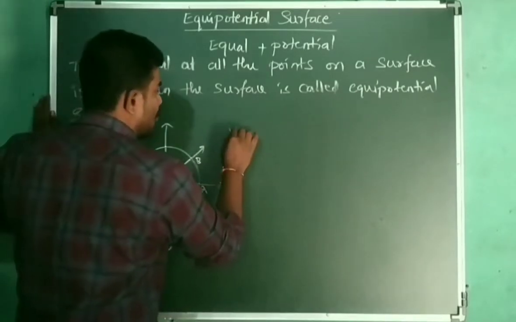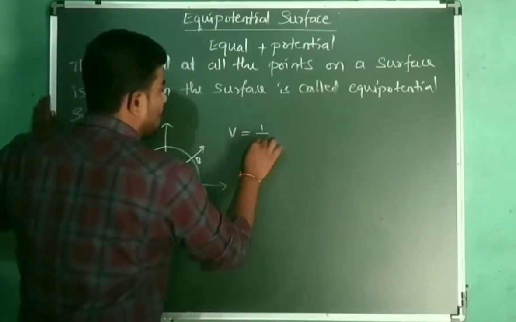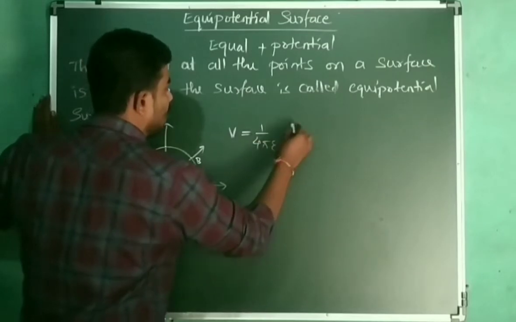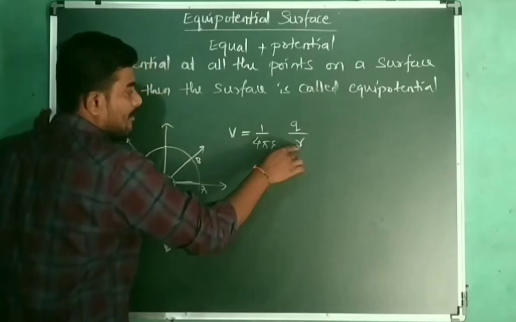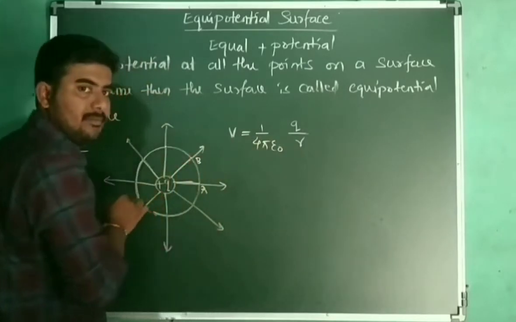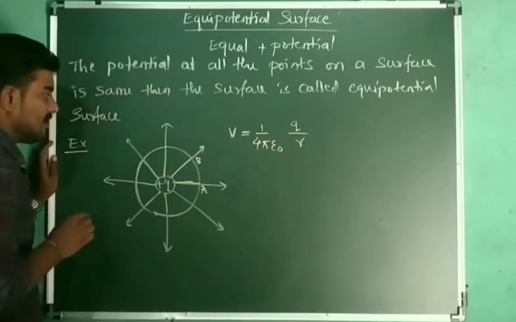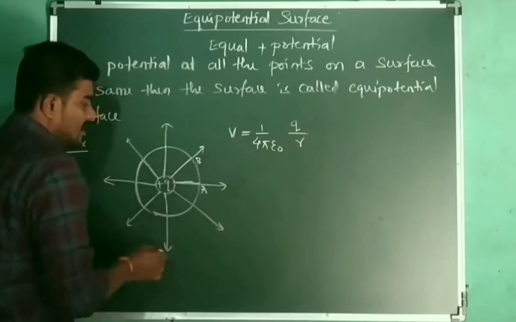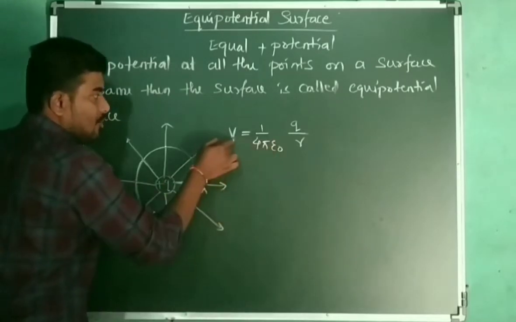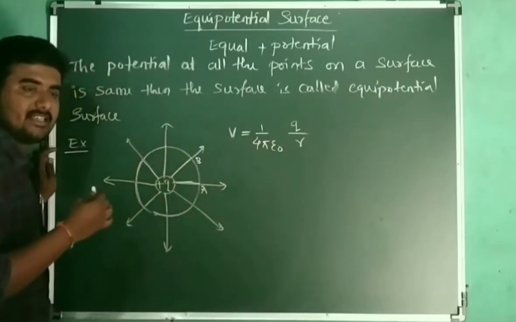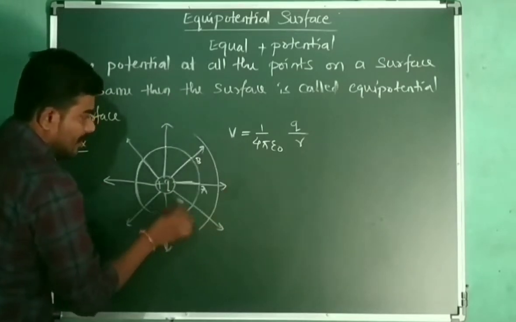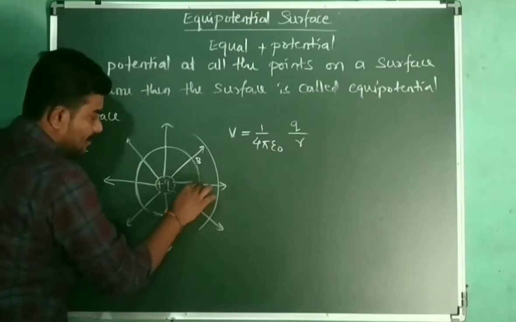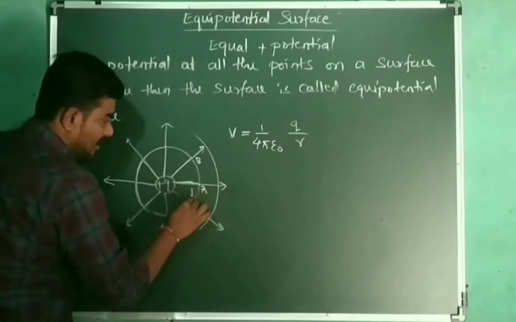As we know, the potential formula is V equals 1 divided by 4 pi epsilon naught times Q divided by R. If this distance is the same, then the potential remains the same. And if you walk away from the source charge, the potential is going to decrease. If I consider one more sphere this way, say at this point the potential is 100.